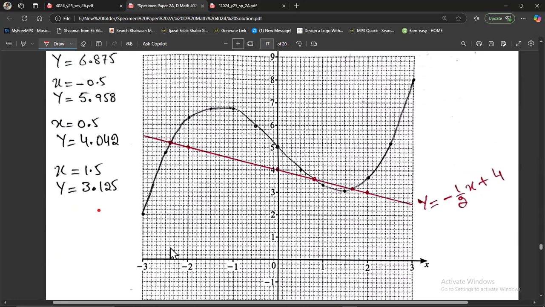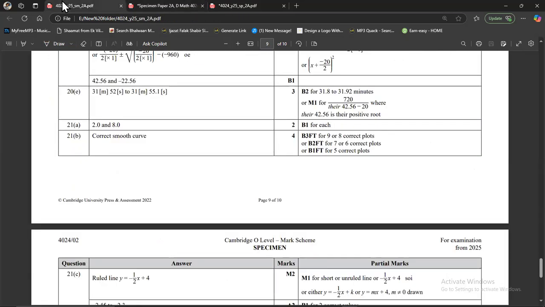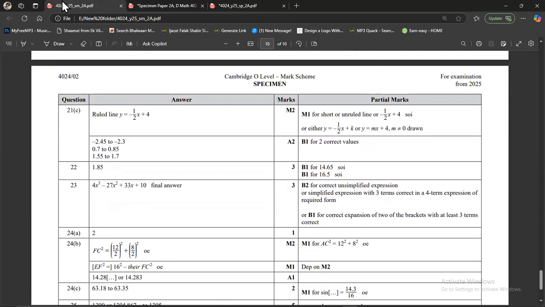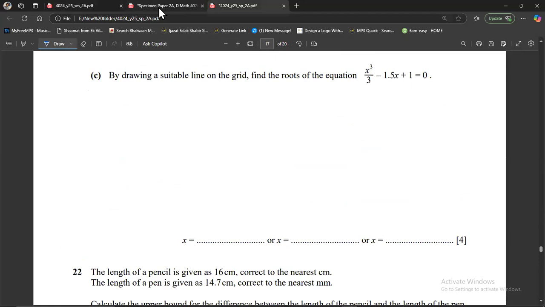And I will note down the x values at these points of intersection. And that is the solution. The line and curve intersect at minus 2.4, at 0.8, and 1.65. So you can have a look at the marking scheme. Our answers are right. Okay, so this is how this is done. Let me show you the whole thing.